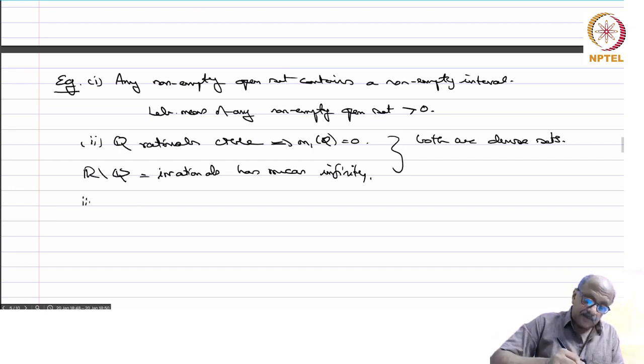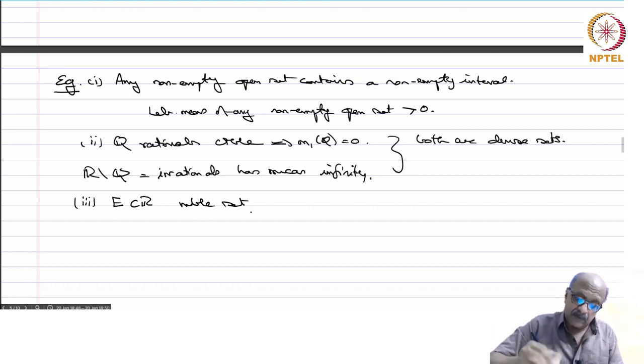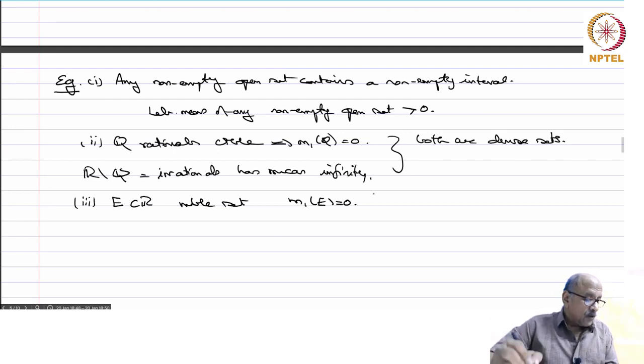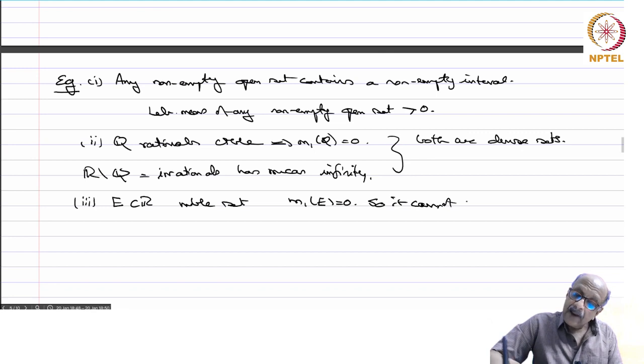Three. E contained in R is a measurable set. Measurable means Lebesgue measurable. That means it belongs to the Lebesgue sigma algebra such that M1 of E is 0. So it cannot contain any open set.